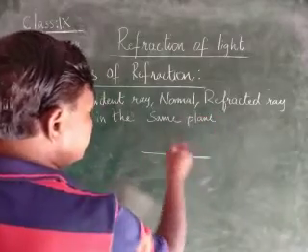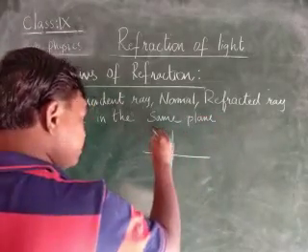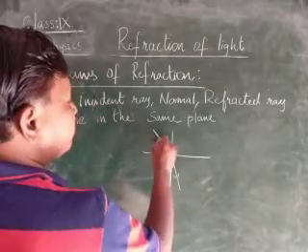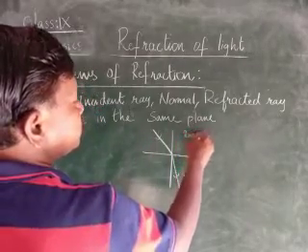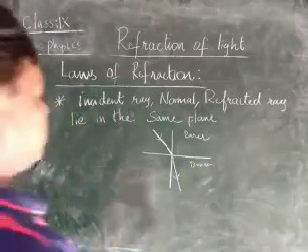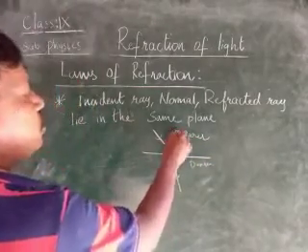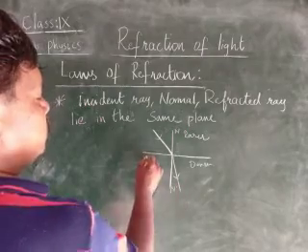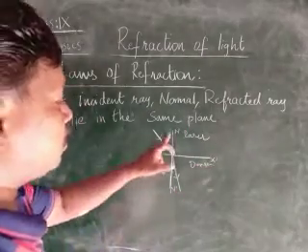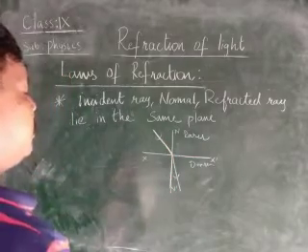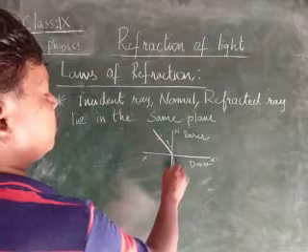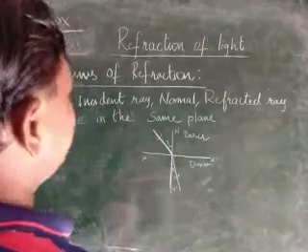This is a figure, children. Normally, a light ray traveling from rarer to denser. Here is the incident ray, this is the normal, and this is the interface. The incident ray, normal, and refracted ray lie in the same plane.